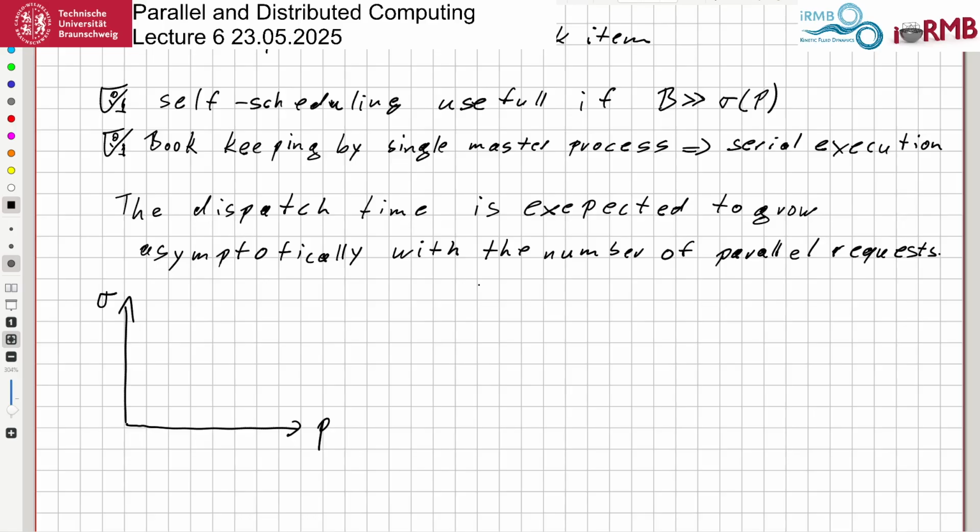So then it makes absolutely sense that there is a range where you have a constant dispatch time, right? So say you go to the supermarket and buy something.